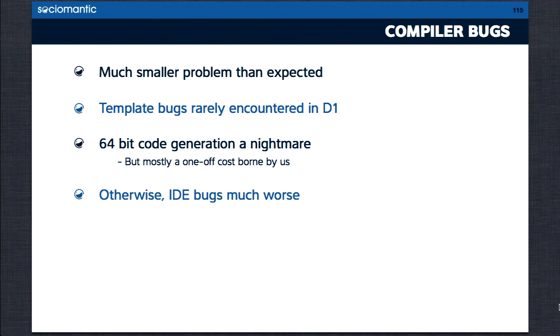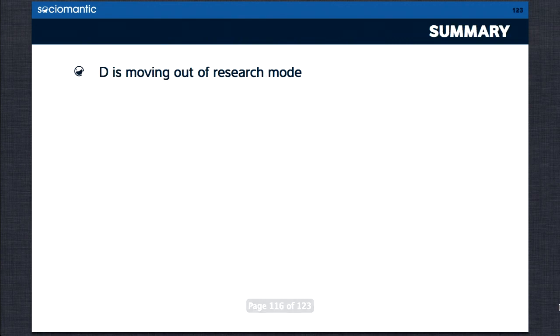So there's my six areas. The bottom line: D is moving out of research mode. All these kinds of petty issues which we've been ignoring for a long time, now's the time to start tackling these.